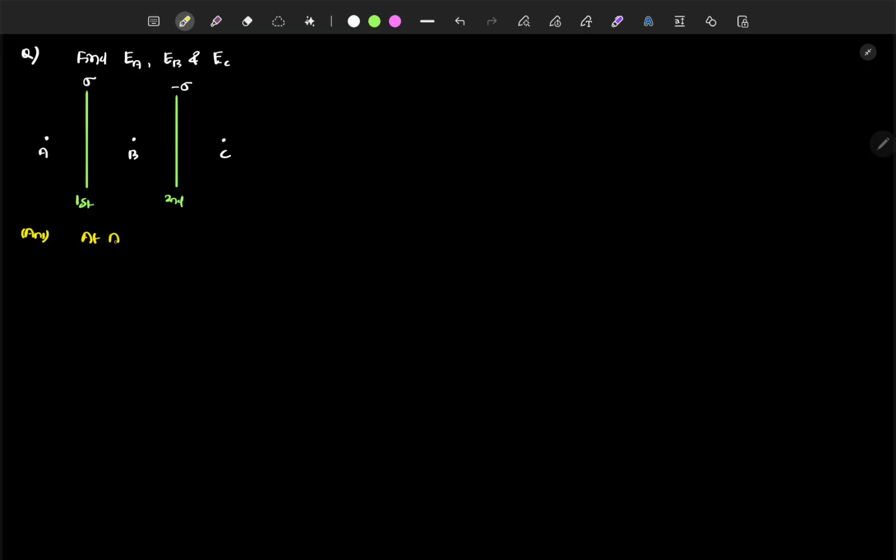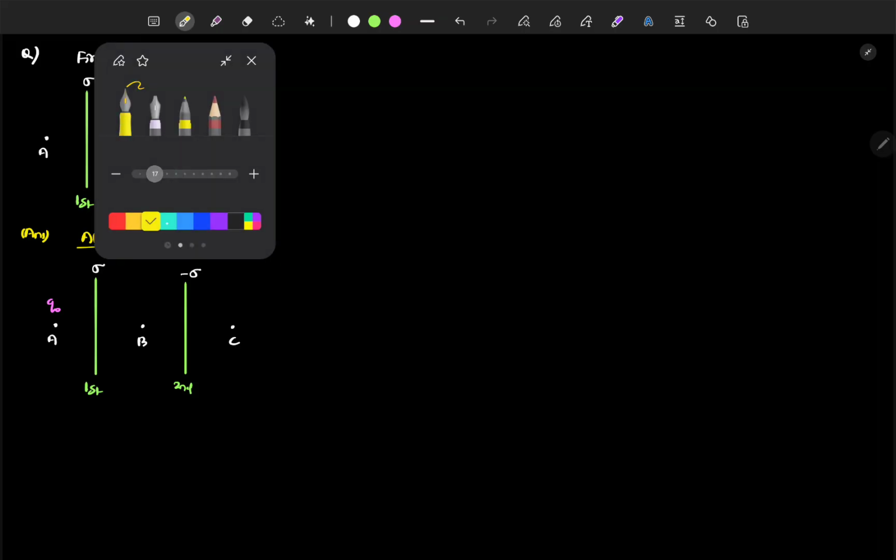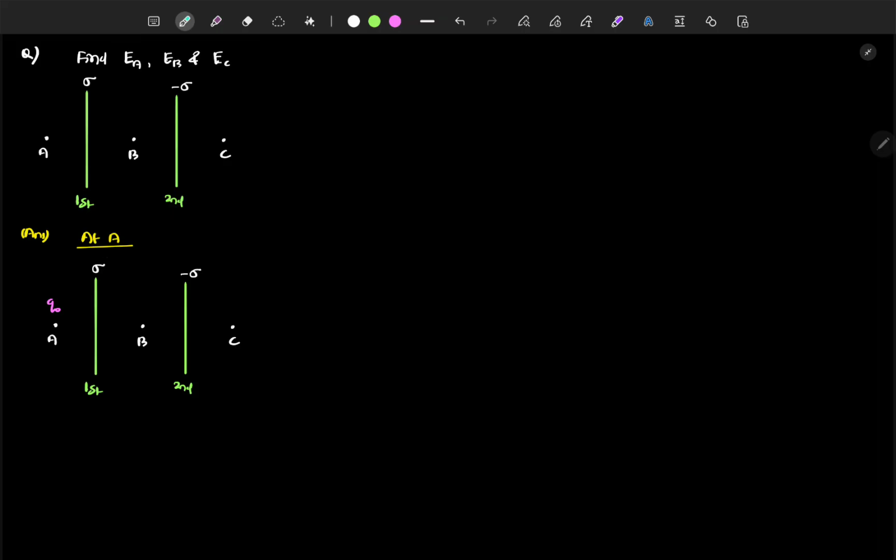At A we have to think of a Q naught charge. The first plate is the positive plate, the second is negative. The first plate repels Q naught, so this is your E1 vector. The second is negative, so it will attract Q naught.